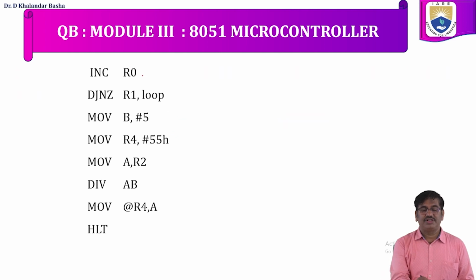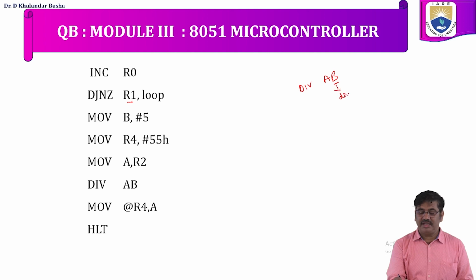For pointing to the next address, increment R0. As one data is added, decrement the count in the R1 register. If it is non-zero, go to loop. So this loop will be iterated 5 times. Once it is done, we load the value 5 into the B register, because for the division instruction, the syntax is DIV AB, where B is the divisor.